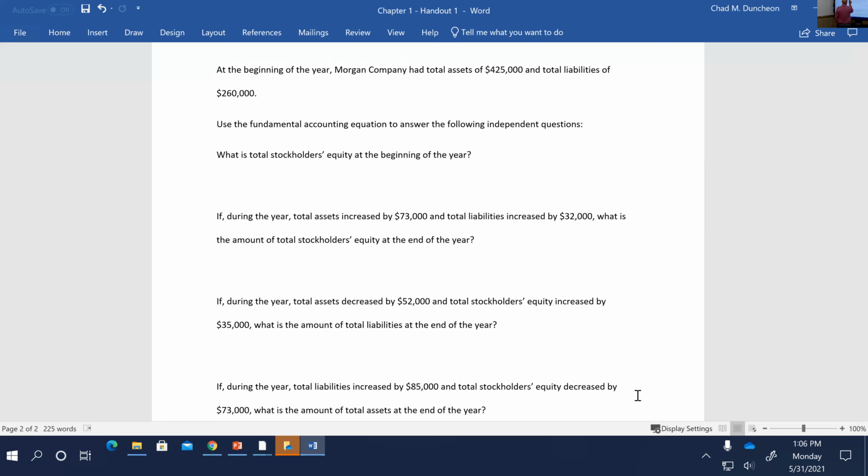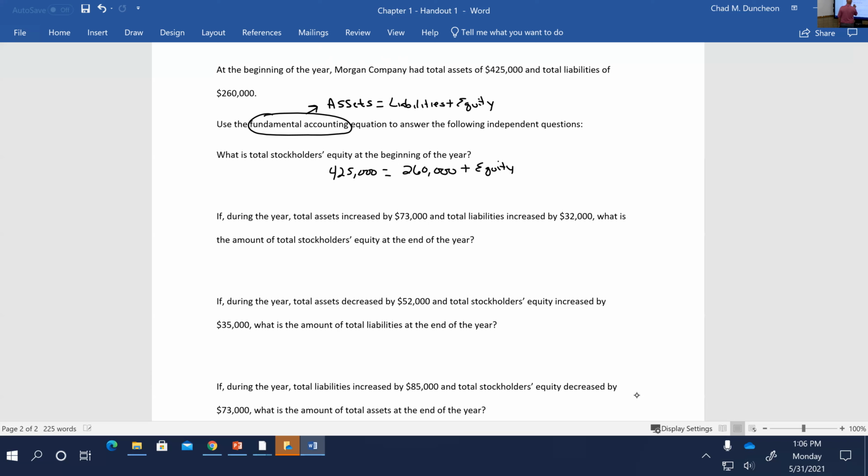We have to remember this fundamental accounting equation is assets equals liabilities plus equity. If we want to know what our stockholders' equity at the beginning of the year is, we have 425,000 in assets and 260,000 in liabilities.